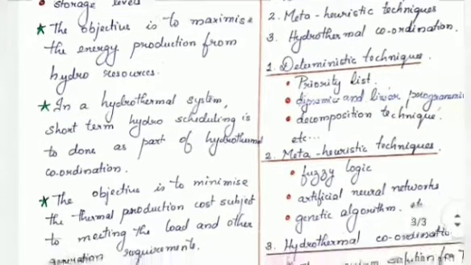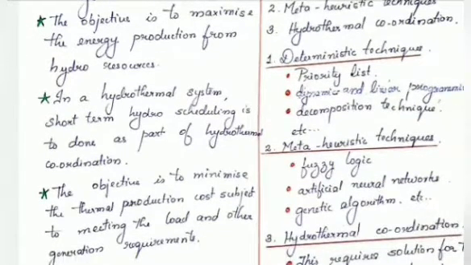Now, actually this hydro constraint is not working individually. Normally, we always explain it as hydrothermal coordination. Hydro constraints as well as thermal constraints work together. So, in a hydrothermal system, short-term hydro scheduling is done as a part of hydrothermal coordination.